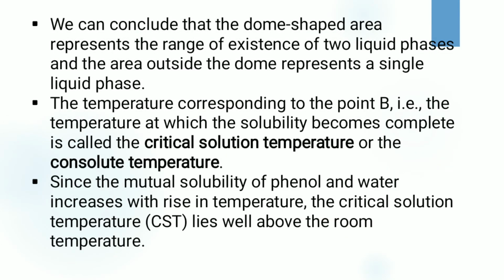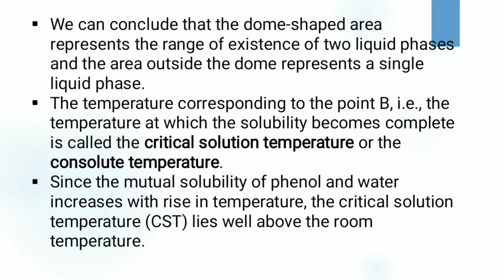Then we can conclude that the dome shaped area represents the range of existence of two liquid phases and the area outside the dome represents a single liquid phase. The temperature corresponding to the point B, that is the temperature at which solubility becomes complete, is known as critical solution temperature or consolute temperature.